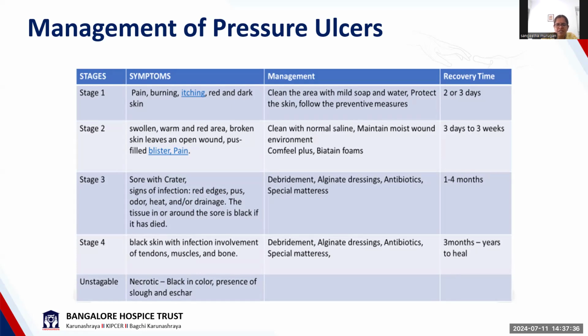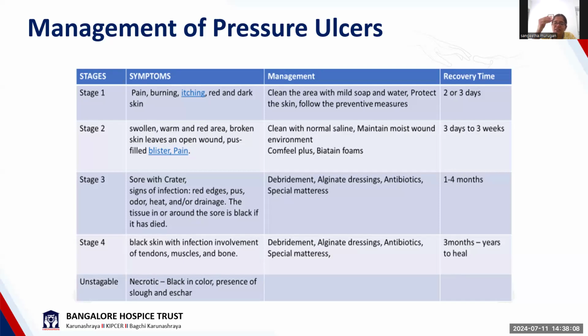And if the patient is in stage 2, what happens? In stage 2, the patient will have swelling. You can see warmness, it would be red, the skin will not be there. The patient will have pus sometimes. So you clean it with normal saline and maintain a moist environment by selecting from the many ointments available in the market, which are very good, and you have to choose dressing materials appropriately.